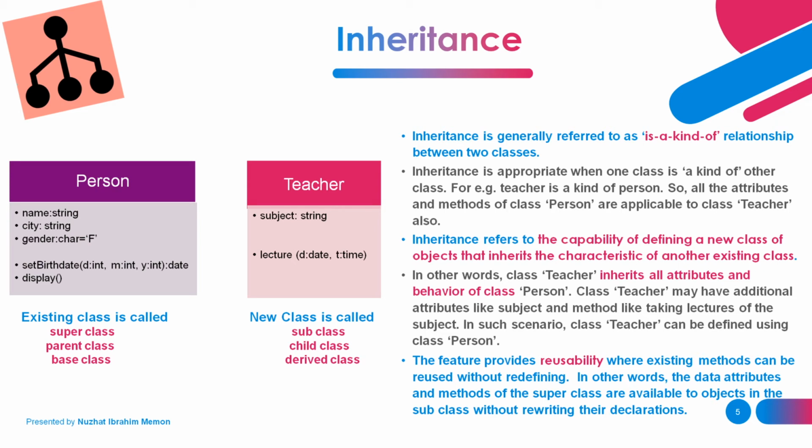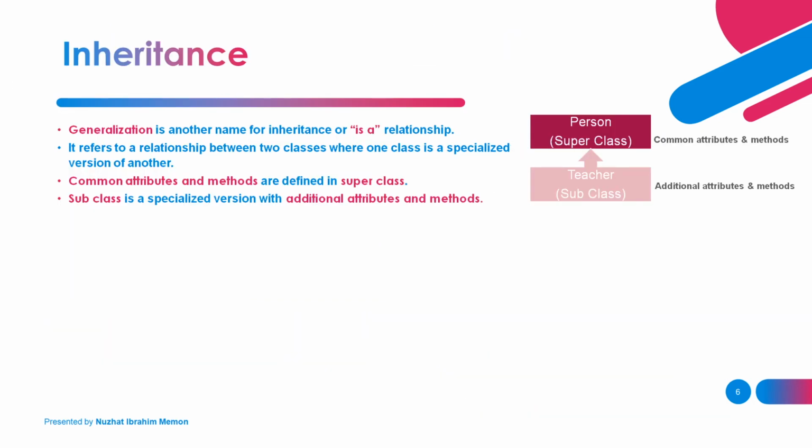Here, we will see the definition of inheritance. Inheritance is the capability of defining a new class of objects that inherits the characteristics of another existing class. In class diagram, inheritance is represented using an arrow pointing to superclass. Creating a superclass is called generalization, and creating a subclass is known as specialization.